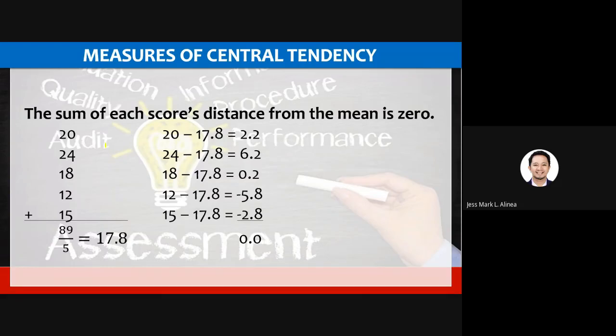Pag sinukat natin kung gaano kalayo ang mga scores, gaano siya kalayo from our mean, 17.8, we subtract 2.2, 6.2, 0.2, negative 5.8, and negative 2.8. When we add this, it will always be 0. Okay, one of the property of mean.